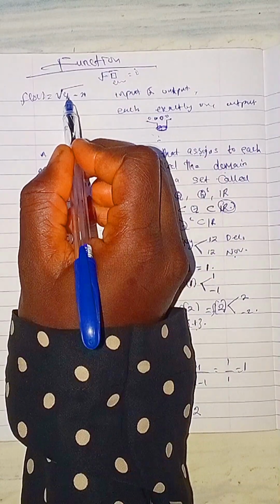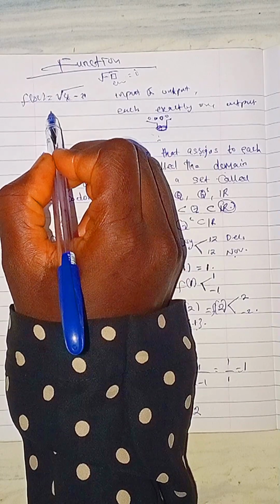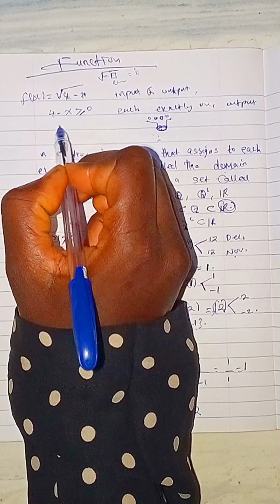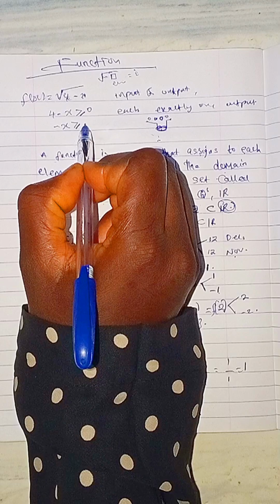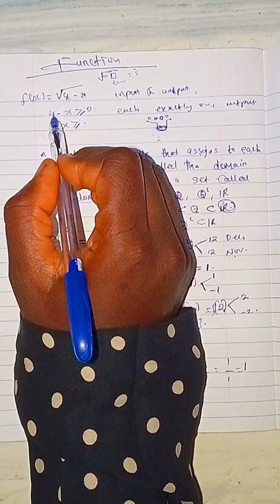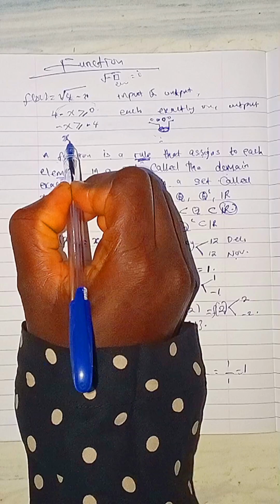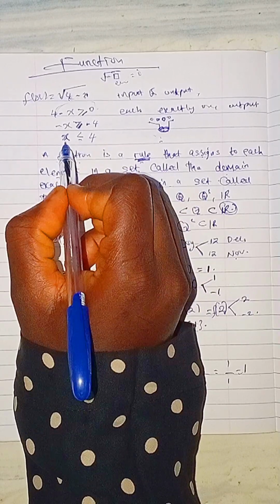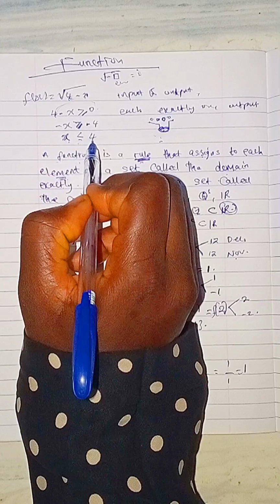So what will make the inside of the square root negative? Set the inside of the square root to be greater than or equal to 0, then solve for x. That value of x will tell you what x must not be. Then this is minus x greater than or equal to minus 4. If you divide both sides by a negative, the greater than or equal to changes to less than or equal to, so x is less than or equal to 4. That is, the value you put in this square root should be less than or equal to 4.